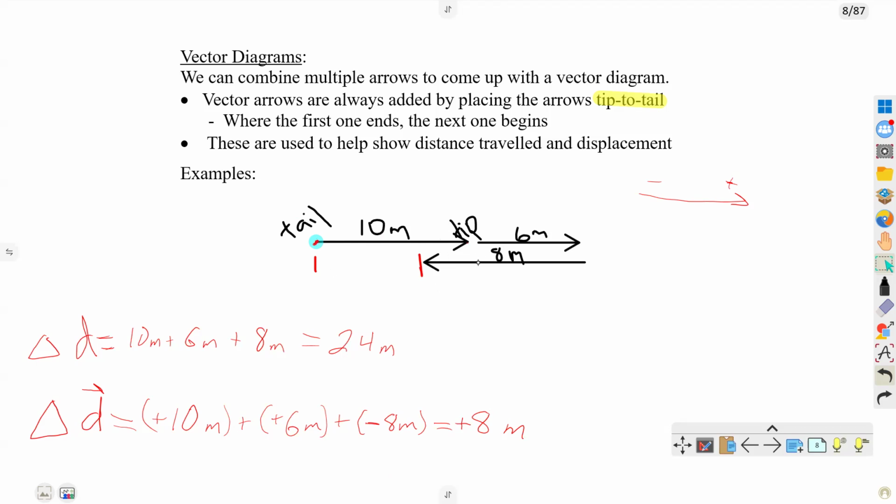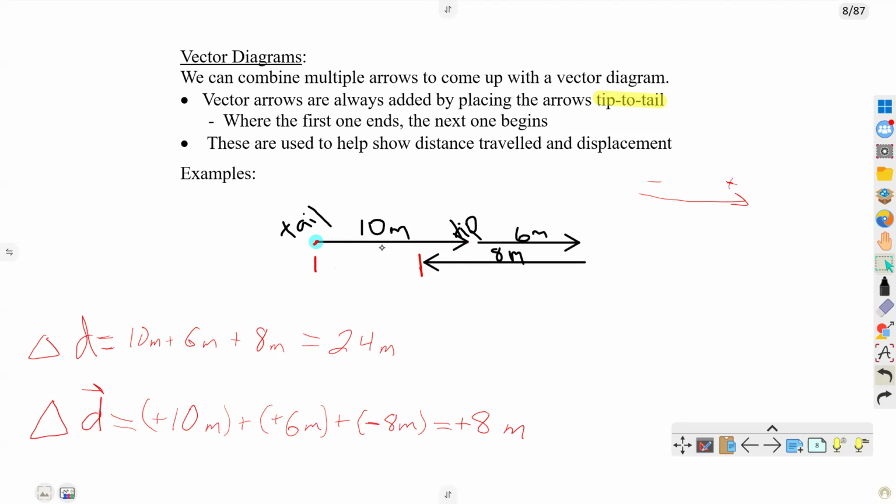Now, if you've drawn your arrows to scale, you should see that the first arrow plus the second arrow is going to be double the 8 meters, because you should be able to have another 8-meter arrow going from the tip of this to the tail of the last one.